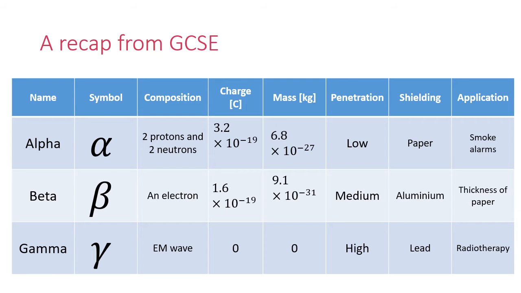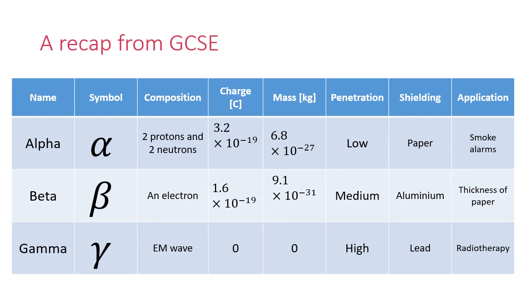When you did this in class, you might have not been completely satisfied with some of the demonstrations that your teacher would have showed you. Certainly with alpha, a single sheet of paper probably didn't do that much difference to the count on the Geiger-Müller tube, and certainly would need quite a bit of paper to cause complete shielding.